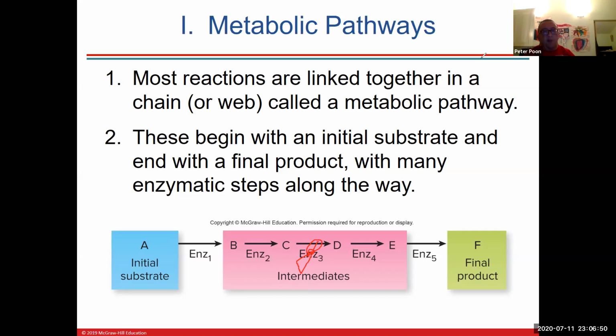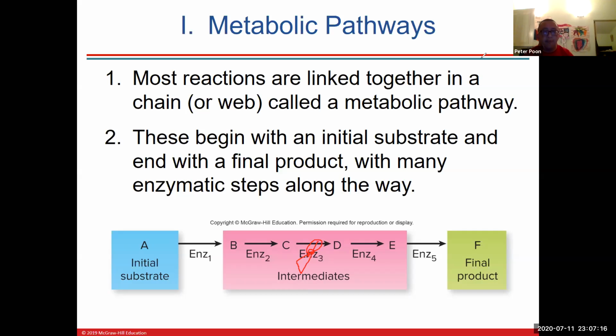I'm guessing you figure out that I won't see the final product. I'm also guessing some of you will realize I'll see a lot of C. I won't get to D. I'll have a whole bunch of things that end at C and stay there, and the cell doesn't know what to do with it because it doesn't go anywhere.